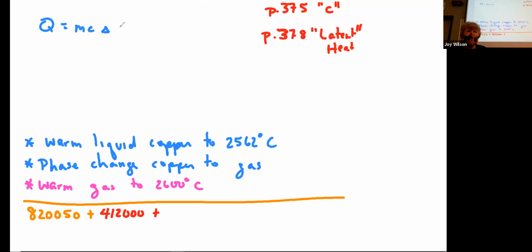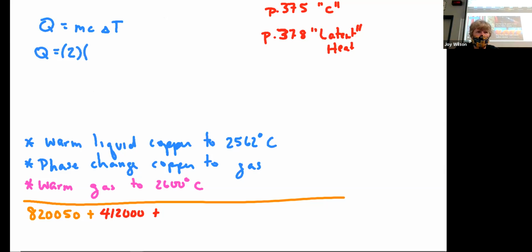MC delta T. So I go back to this equation because I'm changing the temperature. So this is the changing temperature equation. The other one is changing phase equation. So this time we have 2 kilograms. Specific heat of copper, liquid. Let's look at that one.